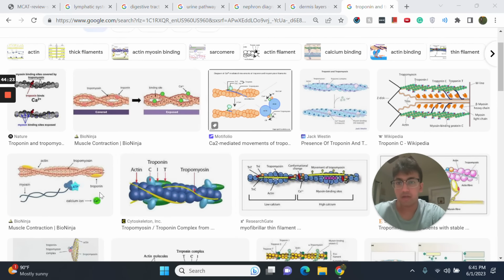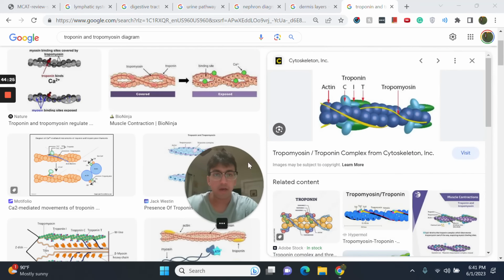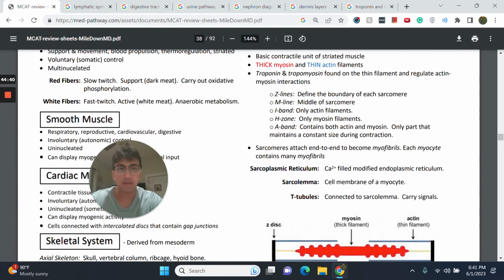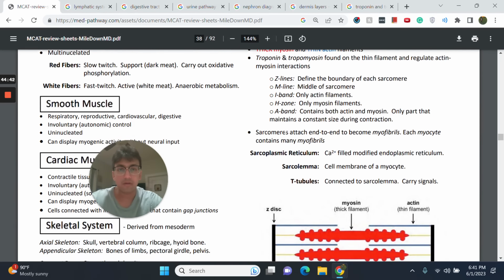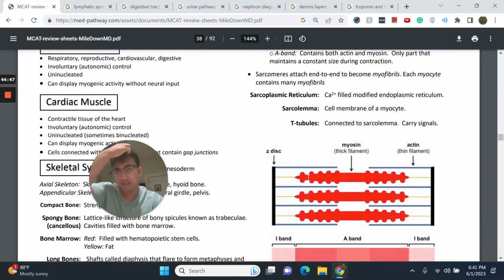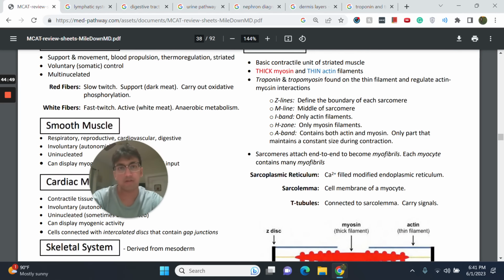So you can see that there's this actin, there's the tropomyosin, there's the troponin, and okay, actin, troponin, tropomyosin, myosin, calcium. I'll get into the contraction and relaxation later, but just know that there's troponin and tropomyosin on this thin filament and regulates this actin-myosin interaction.